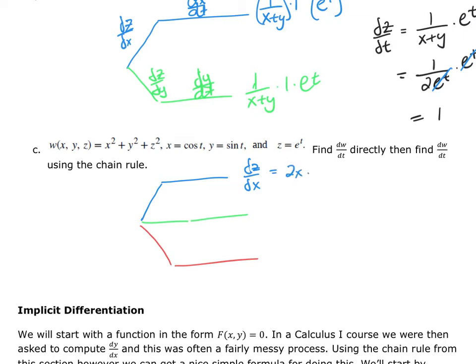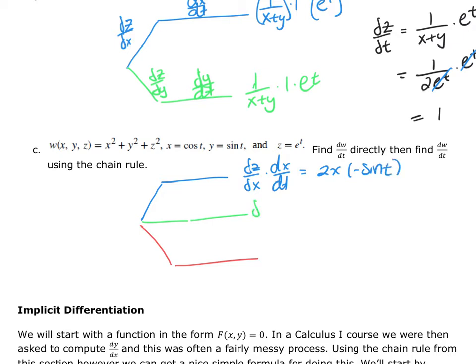And then it's multiplied by dx dt; x is the cosine of t, so that derivative is going to be negative sine of t. So this is equal to 2x multiplied by negative sine of t.